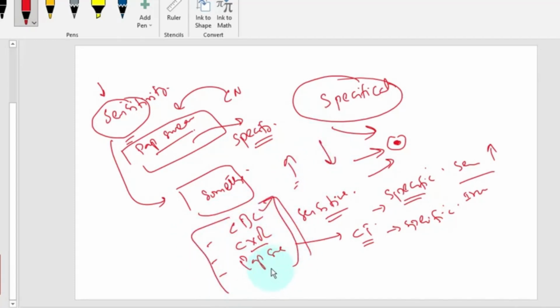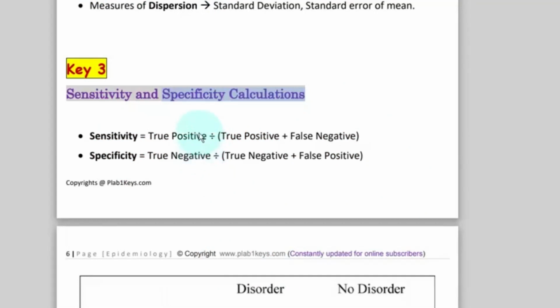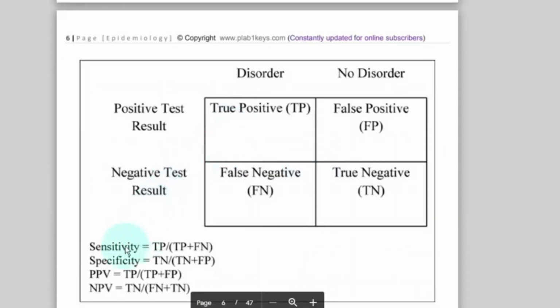These are the examples. So sensitivity is true positives divided by true positives plus false negatives. Then specificity is true negatives divided by true negatives plus false positives. How would you remember the formula? The trick is these are opposite to each other.